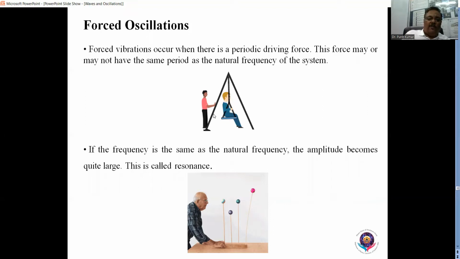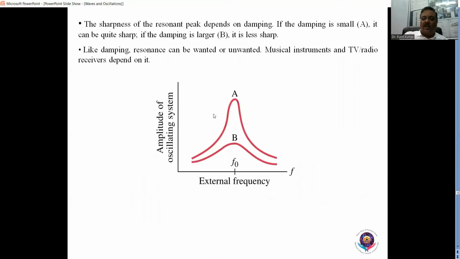These are called forced oscillations. And if the frequency of these forced oscillations is the same as the natural frequency of the oscillations of the body, then it is called resonance. And at resonance, the amplitude becomes a maximum. Notice this diagram. This is the frequency, and at resonance, there's a sharp increase in the amplitude.